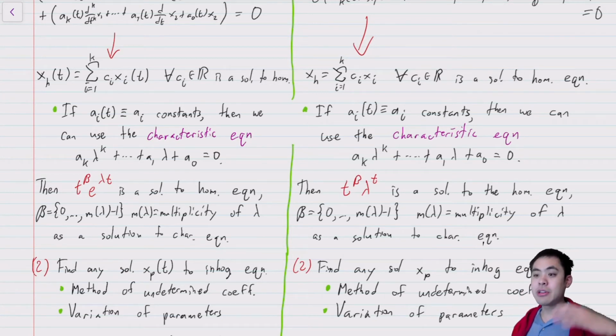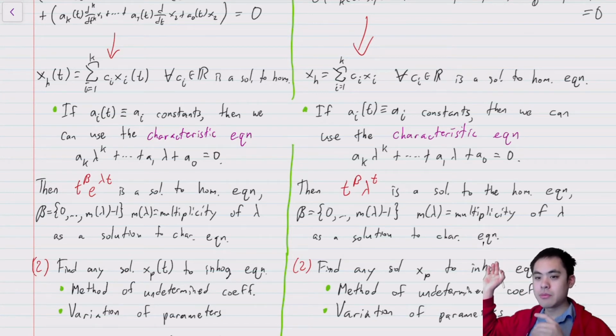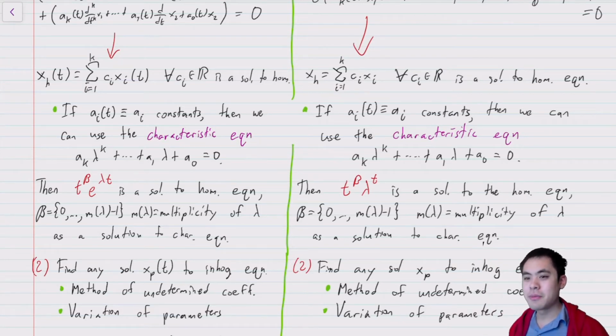On the left, for the differential equations, we have that t to the beta e to the lambda t is a solution to the homogeneous equation. Whereas on the right, we have that t to the beta lambda to the t is a solution.